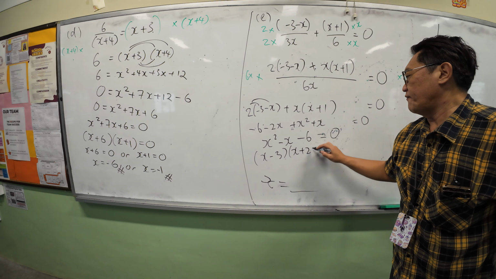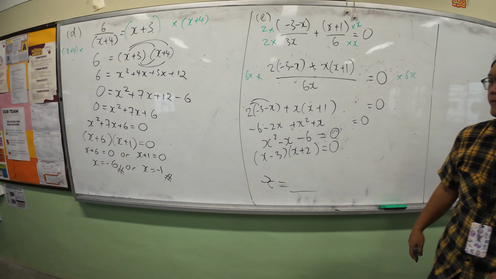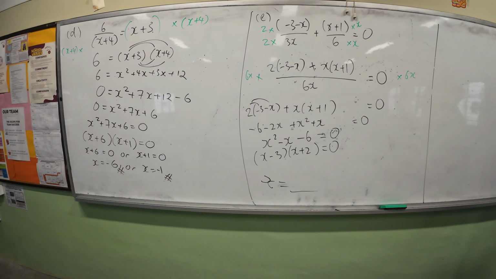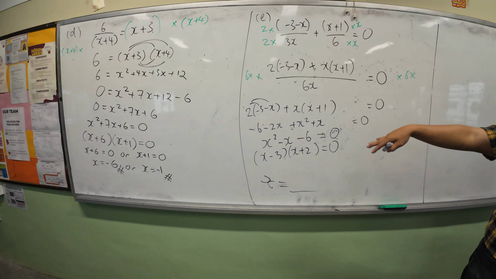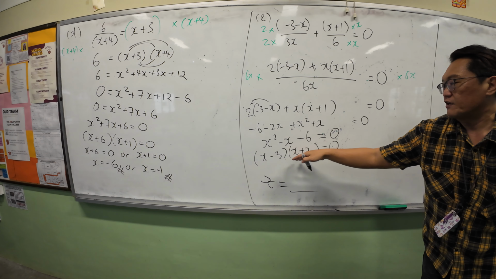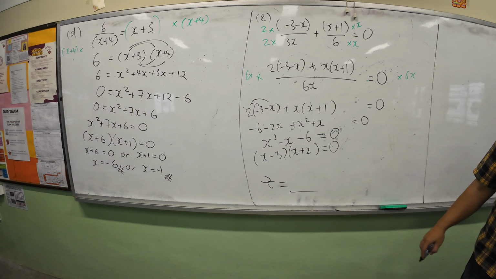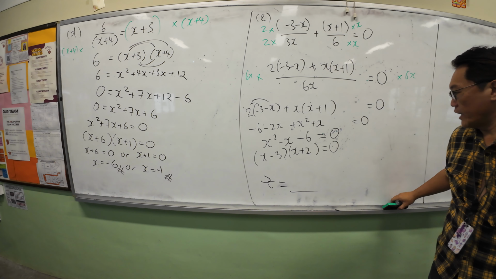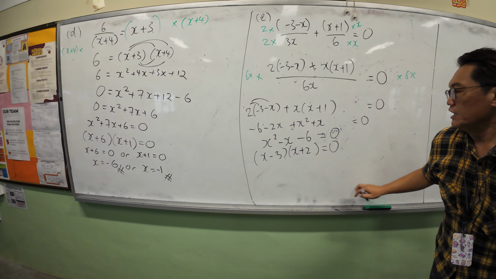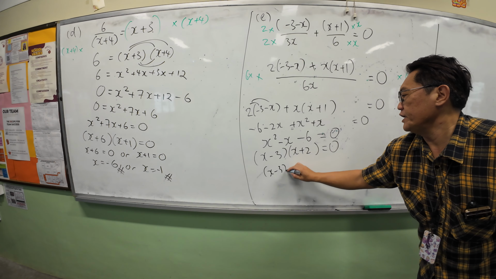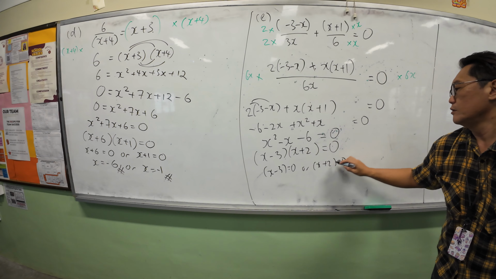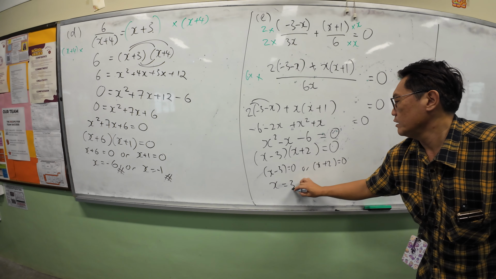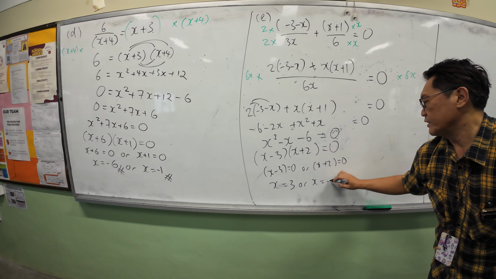So I straight away factorize, because all these are easy numbers. Then either x minus 3 equals to 0 or x plus 2 equals to 0. x equals to 3 or x equals to negative 2.